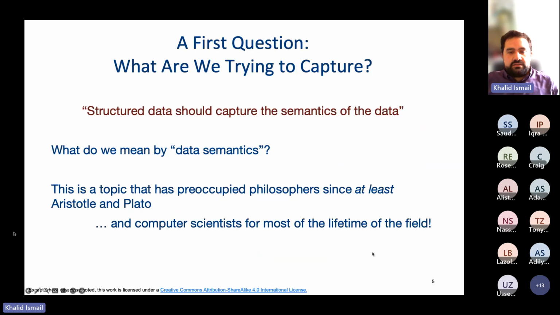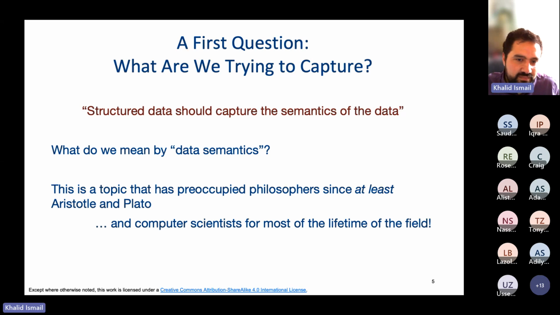So first question, what are we trying to capture from the data we have? Okay. So simply, the structured data should capture the semantics of the data. And what do we mean by data semantics?